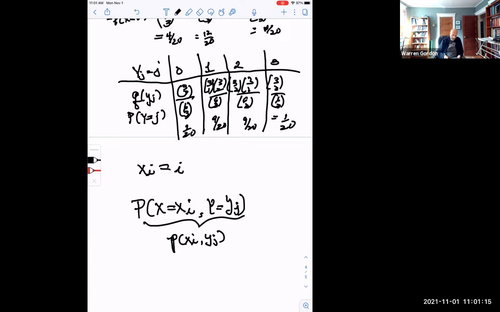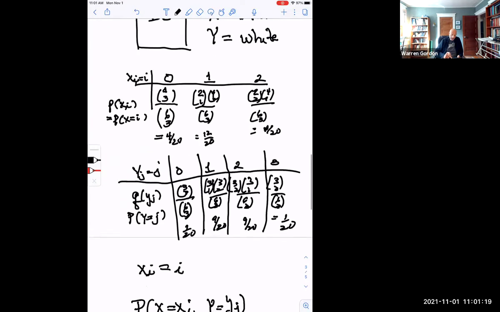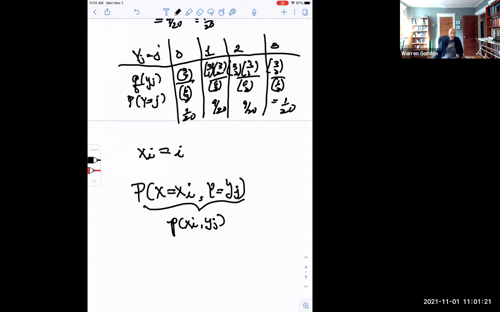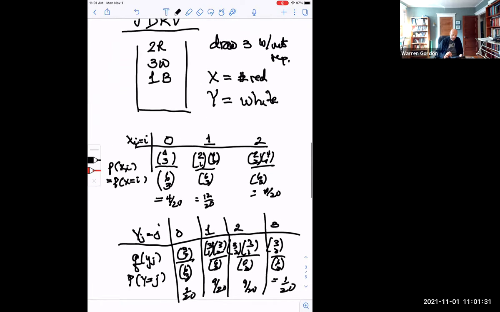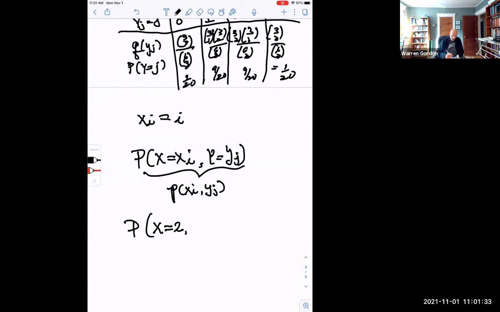And this is the probability that I get x sub i red and y sub j white. So for example, what's the probability that I would get X equal 2? How many marbles am I choosing? 3. Y equals 1. Or for shorthand, I would write that as P of 2, 1.